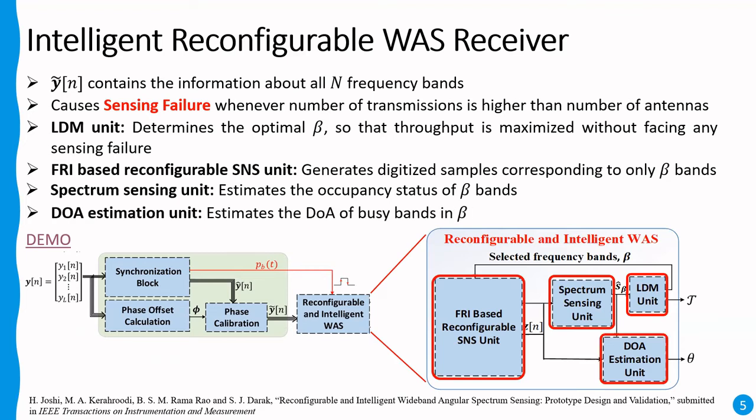Now, last we have the DOA estimation unit, which estimates the DOA of the occupied bands present in the beta frequency bands. Now we'll show the demo, where we show the hardware demonstration of this entire setup.